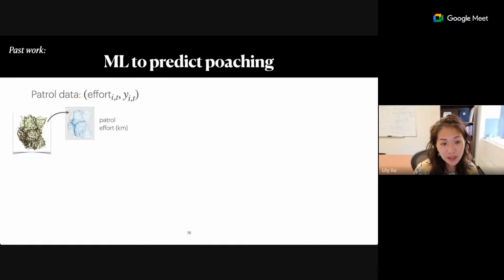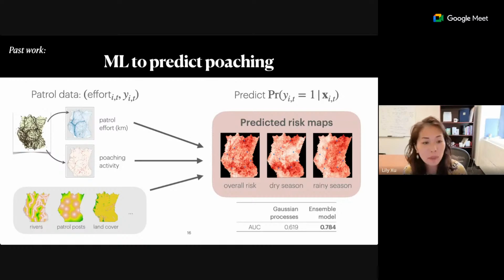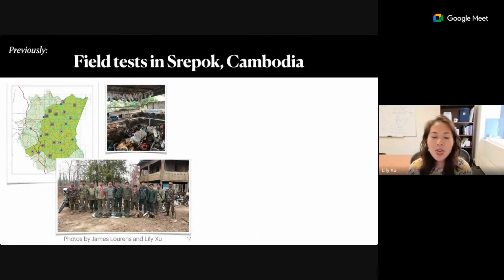We can determine the total amount of patrol effort that was spent there over a month or some series of time. And we can also observe the poaching activity that was detected in that region. We combine that with the geospatial information, and we can use that to predict the probability of poaching in the future. And this is slightly older work, so we were using Gaussian processes and developing an ensemble model to address imperfect observation, but I won't go into detail about that.